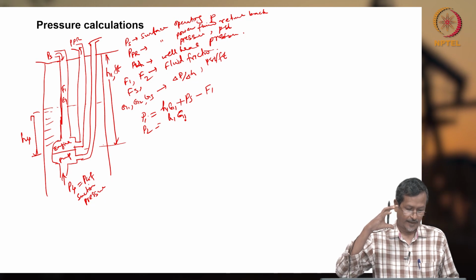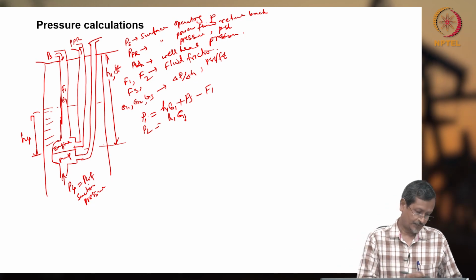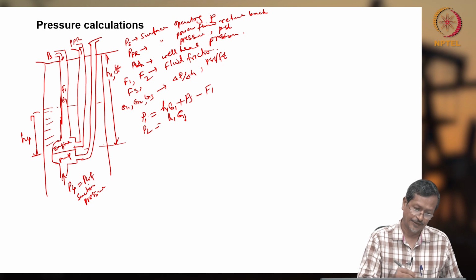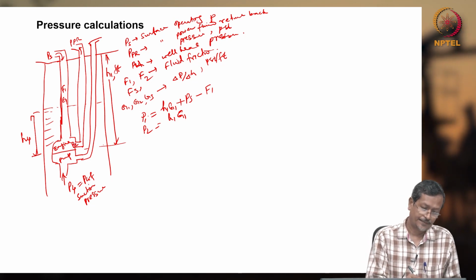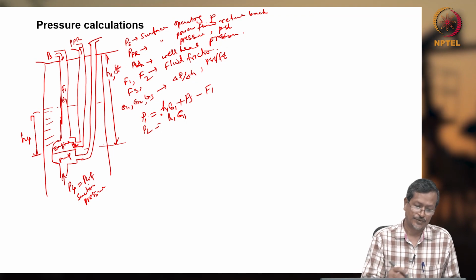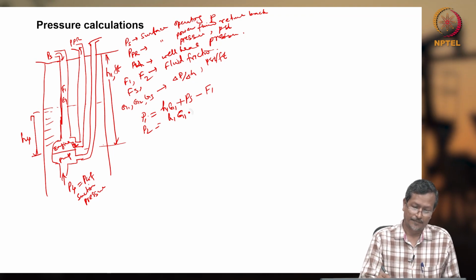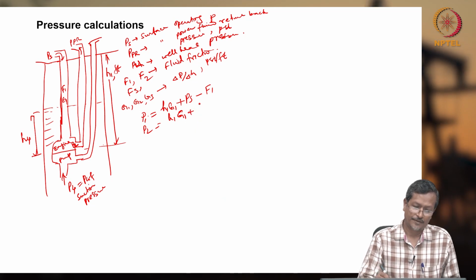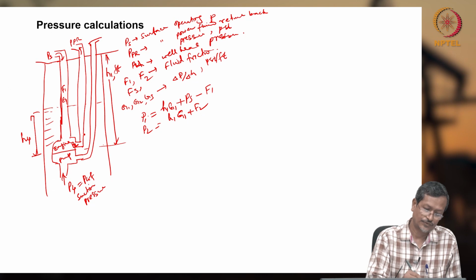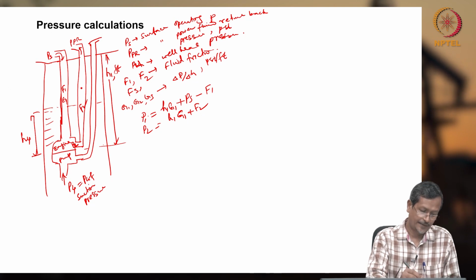Where is P2? P2 is on the engine side, here after the engine. So P2 is H1 G1, it is delivering, so fluid friction F2 will be acting here.